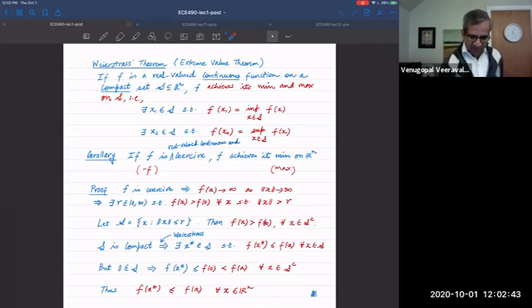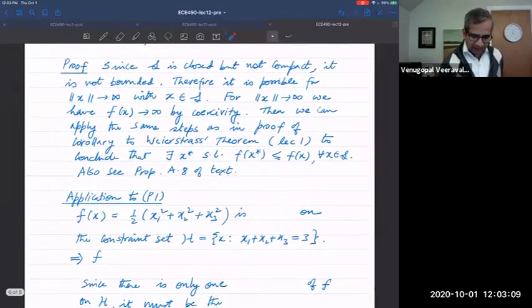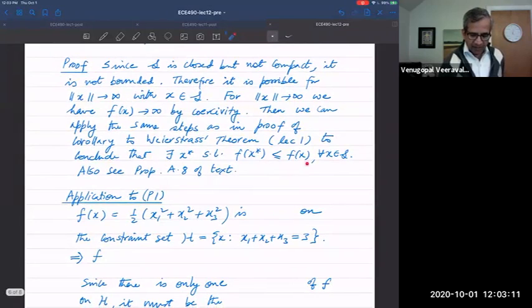These steps will still hold, except instead of looking at the x star in S, you'll have x star in S intersect B, where B will be defined like this. The steps are identical otherwise, and you can conclude that there is an x star such that f of x star is less than or equal to f of x for all x in S.